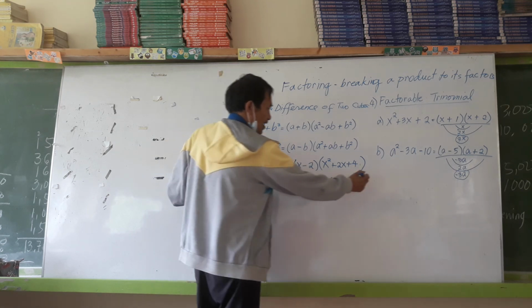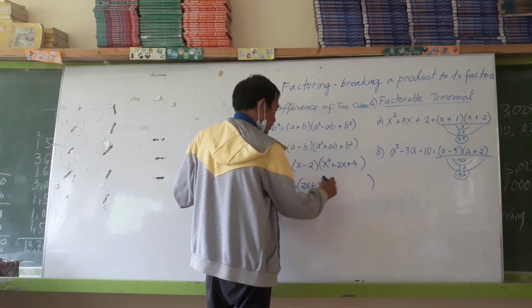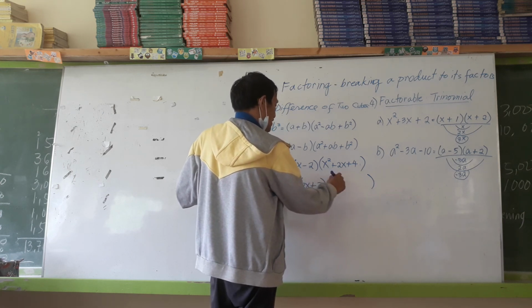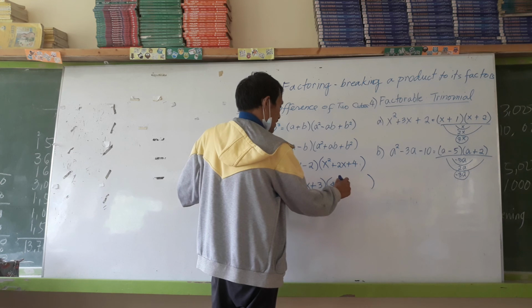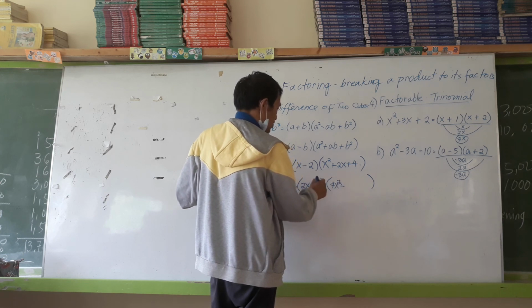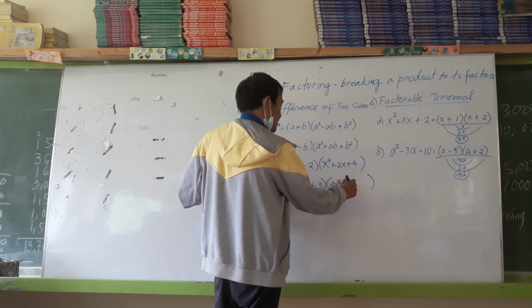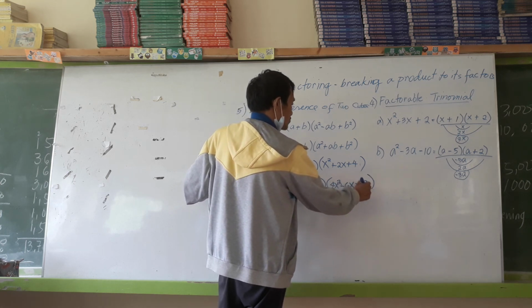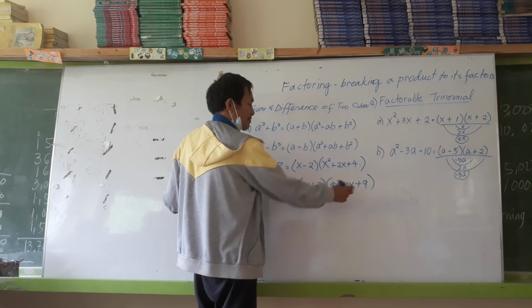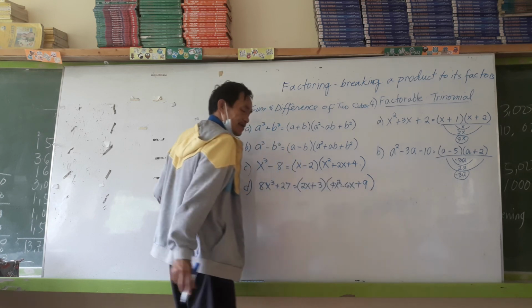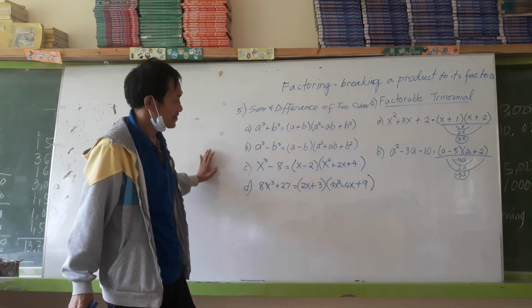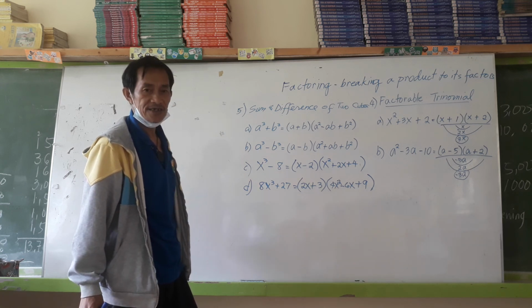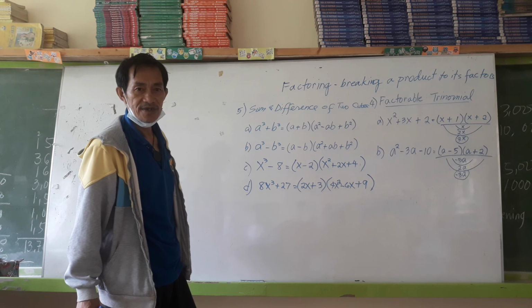And for the trinomial factor, you square this one, that will be 4. Square of 2 is 4. x squared. Then minus. You multiply 3 times 2x will give you 6x. Then plus square of the last term, which is 3, that will give you 9. Okay? So that is sum and difference of two cubes.